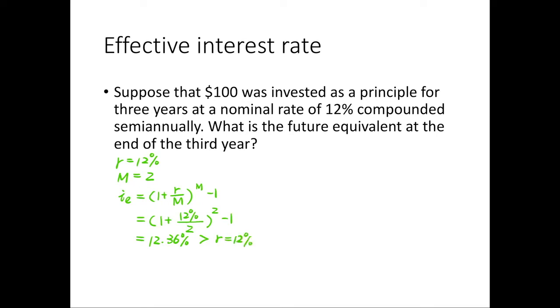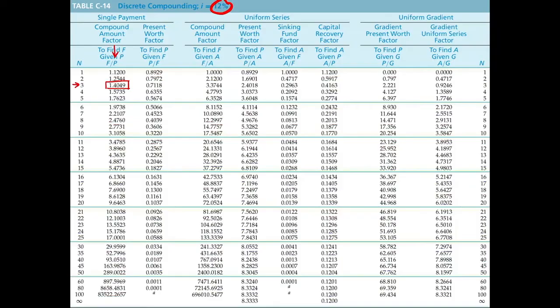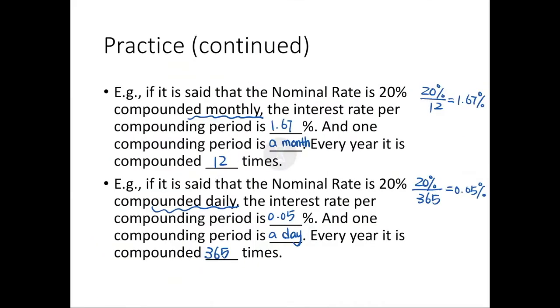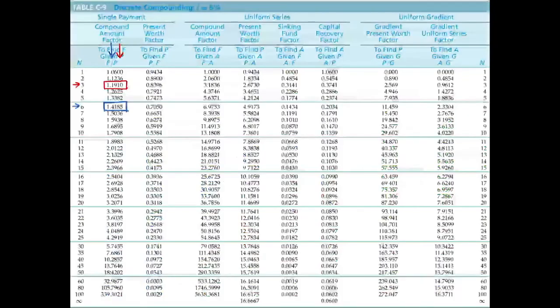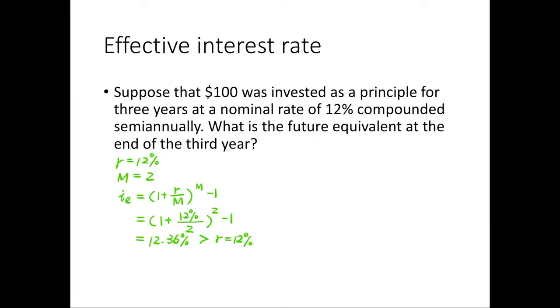Okay, so now you can use this IE to compound the cash flow year by year, and of course you're going to have the same future equivalent value as using the interest rate of 6% every half year. So let's check if that's the case. Okay, so now you can do it year by year.